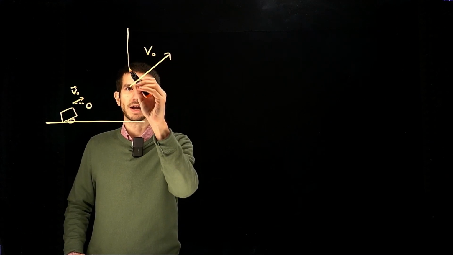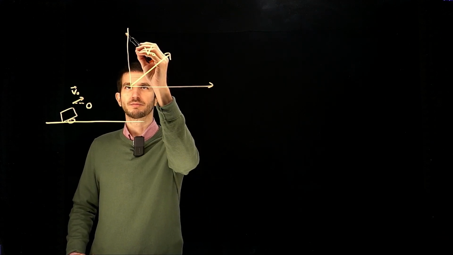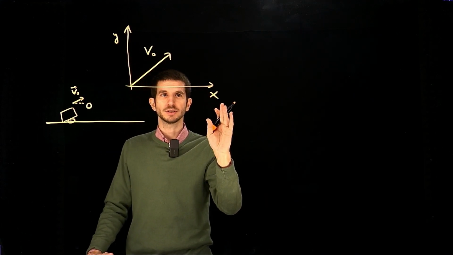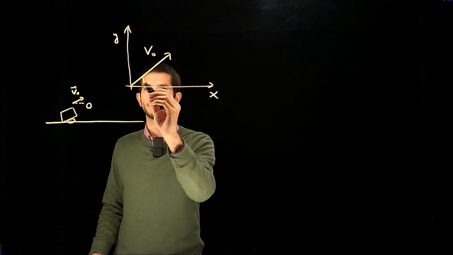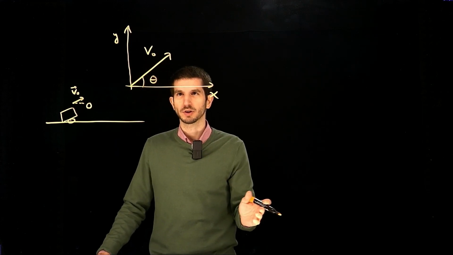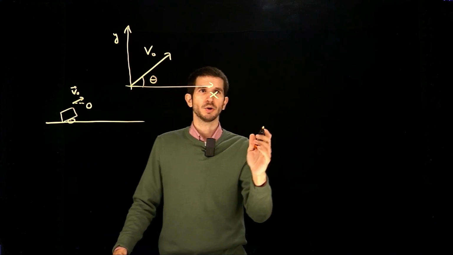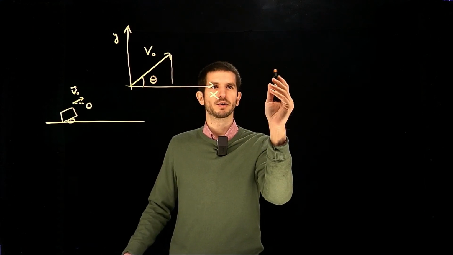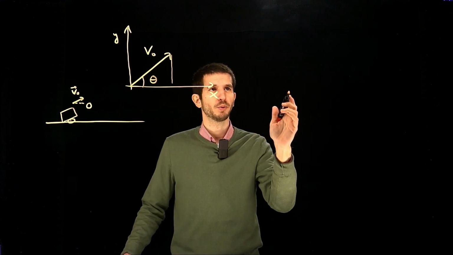If we draw our axis of coordinates here, we have a vertical and horizontal component, and all there is in this problem is to realize that this vector makes an angle, which is the direction with respect to the horizontal. And so by using SOHCAHTOA, we just need to remember that the components of velocity are going to be horizontal and vertical components.